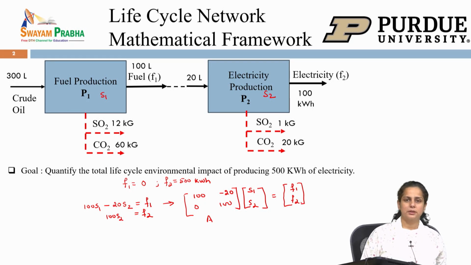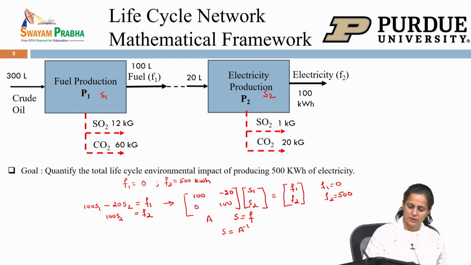Now our problem is defined. We can set F1 to be 0 and F2 equal to 500, and use AS equal to F, or S equal to A inverse F, to calculate our scaling factors.